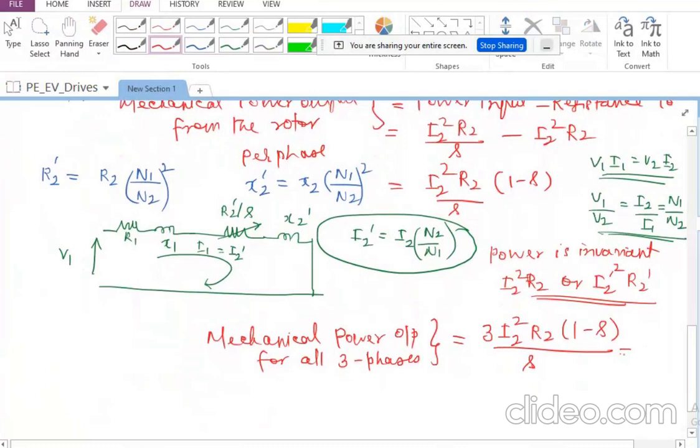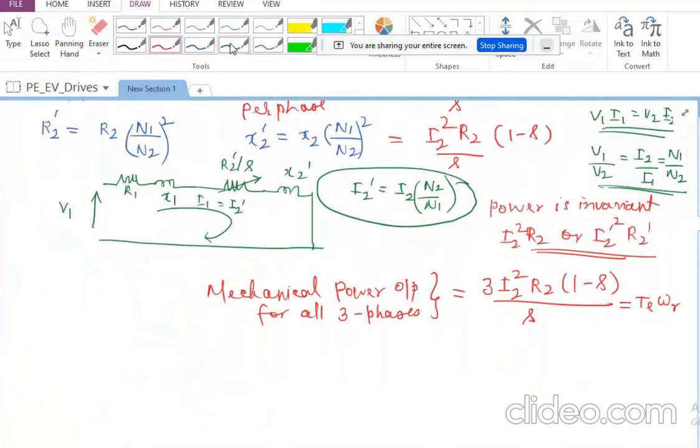This is going to be TE multiplied by omega R. That is electromagnetic torque generated multiplied by omega R. Earlier, we wrote omega S minus omega R divided by omega S is slip.